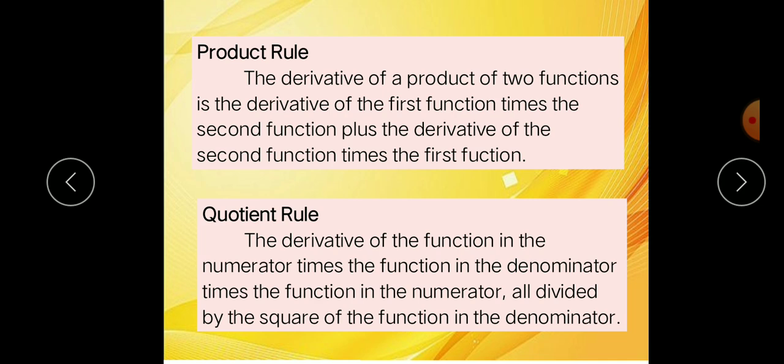Then, the quotient rule. The derivative of the function in the numerator times the function in the denominator minus the derivative of the function in the denominator times the function in the numerator, all divided by the square of the function in the denominator.